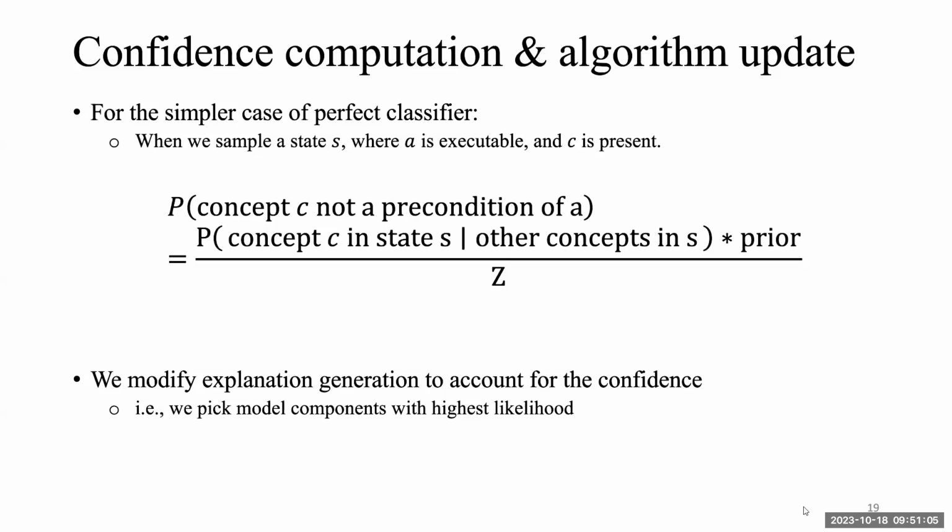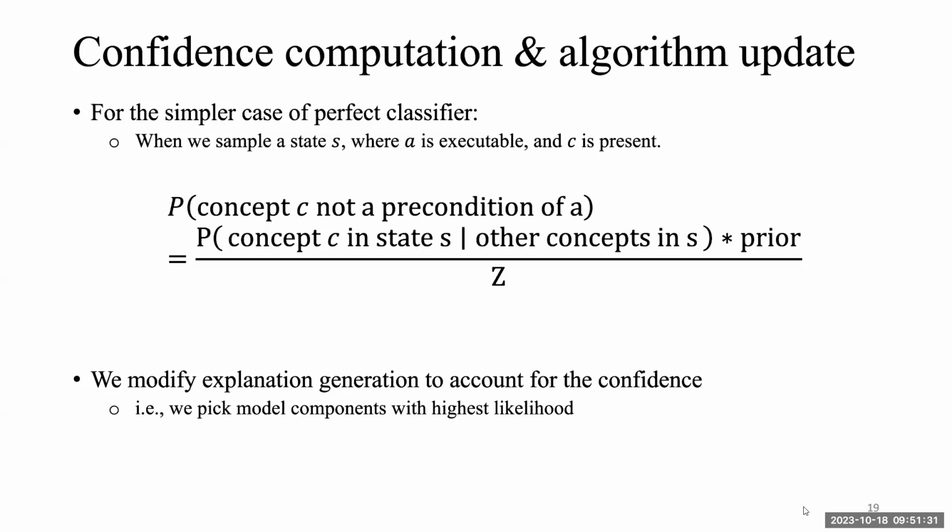I mean, if some concept just happens to be present, everything is a precondition. Yeah, so that's what we are trying to circumvent here. But if it is very commonly present, then we keep on sampling a lot till we are sure that every time we see this action is executable, the concept is present.